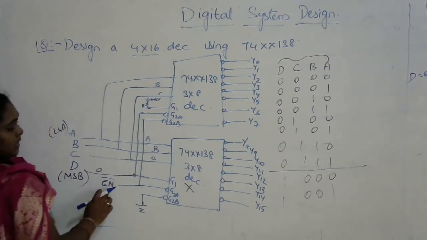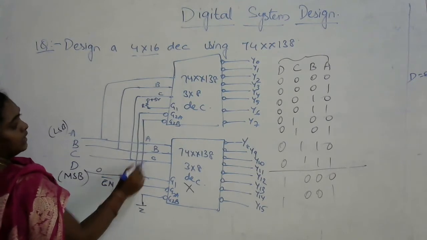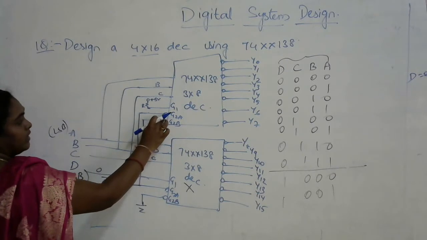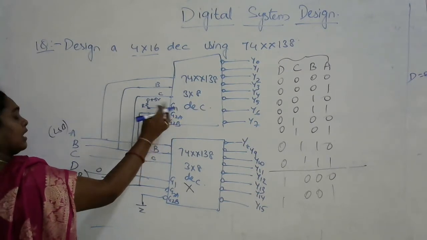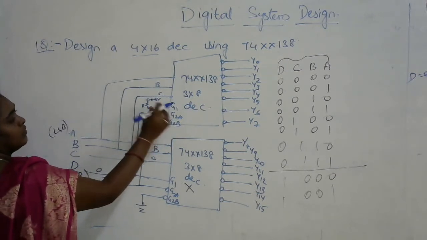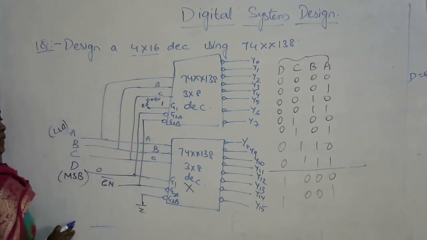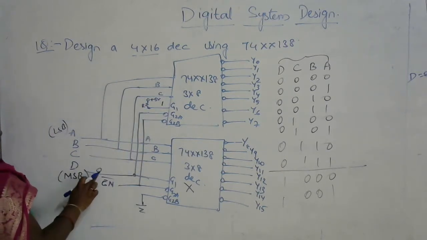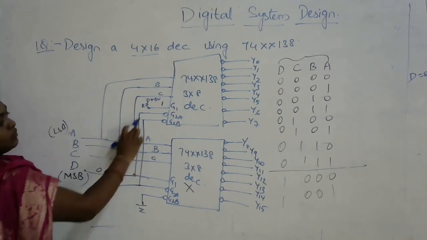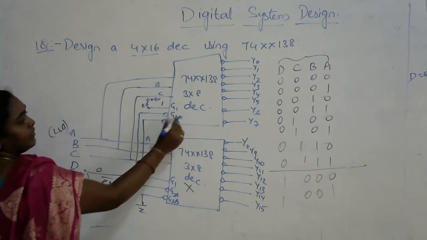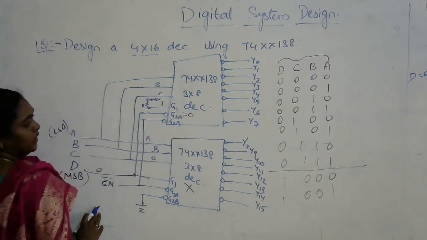But the same D is connected towards the G2A of the first decoder. As G2A is active low, and G1 is by default connected to plus 5 volts, G1 value is always 1. As D is 0 and connected to G2A, which is active low, G2A value is 0.